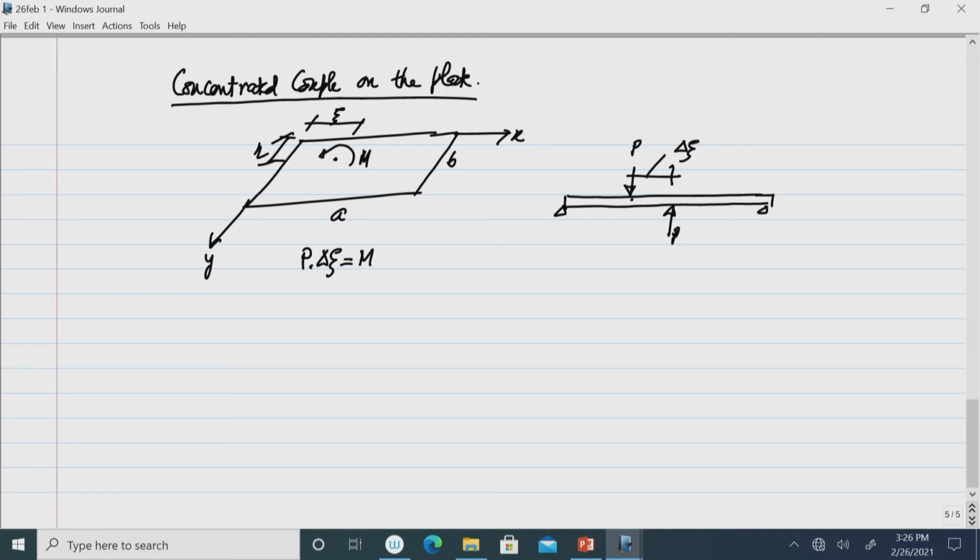Now, if we decrease d xi to a very small value while maintaining the original value of M, P into del xi, we must proportionately increase P. This procedure is identical with replacing P by M by d xi. So, P can be replaced by M by d xi.